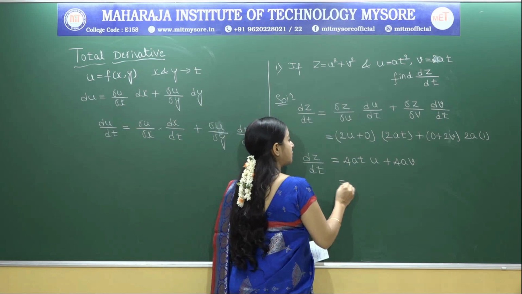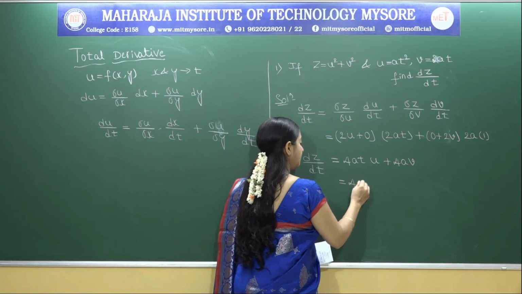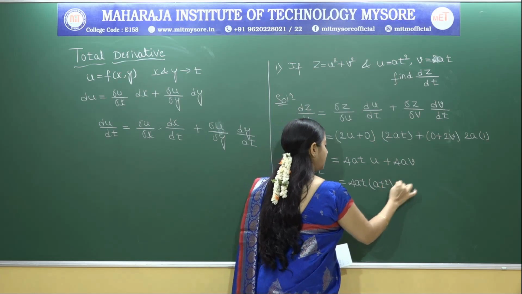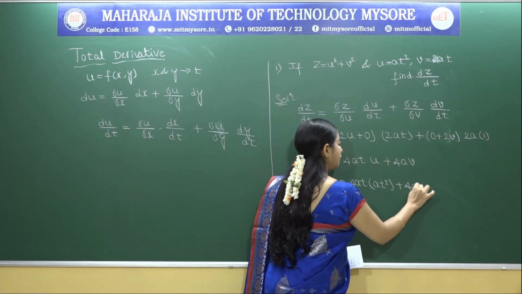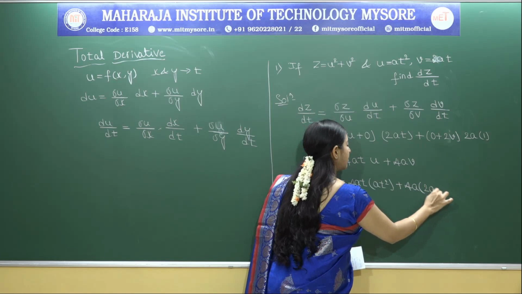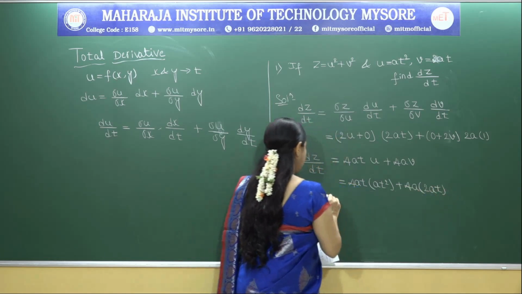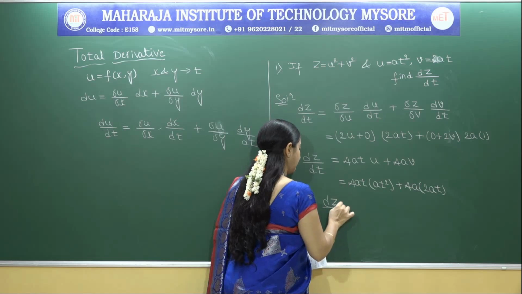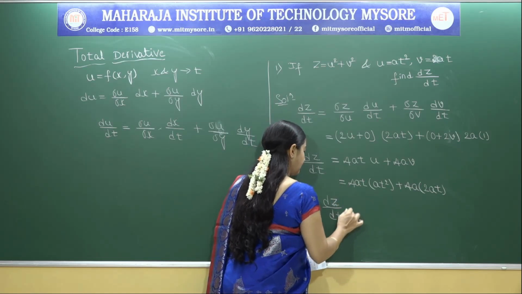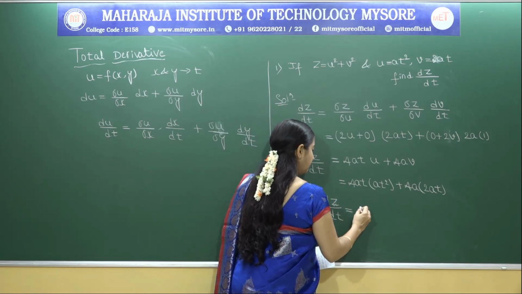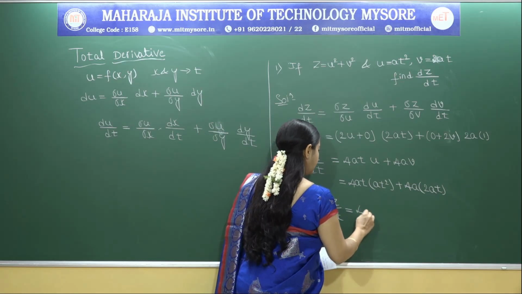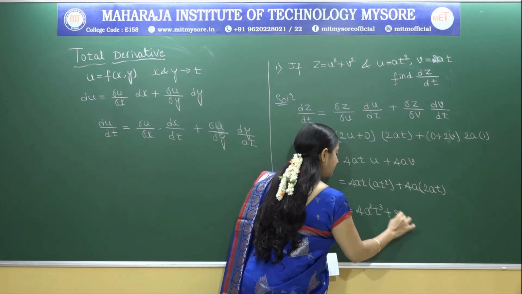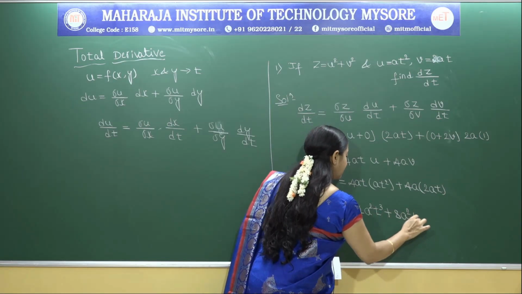For u you substitute at square, as given in the problem, so it is 4at into at square, plus 4a, and for v you substitute 2at. So dz divided by dt equals 4a square t cube plus 8a square t.